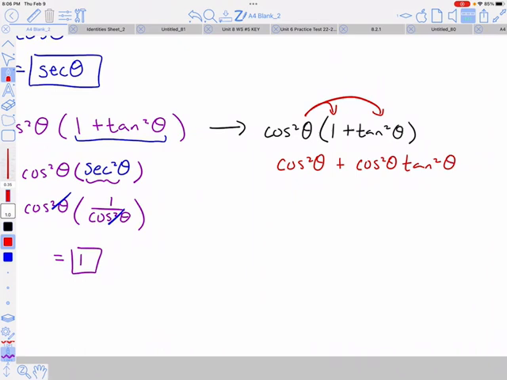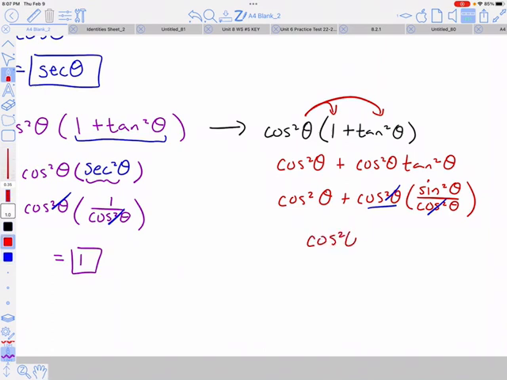So maybe now I see tangent squared, and I know that I can replace that with sine over cosine. In this case, sine over cosine squared. So that's the quotient identity. Okay, and now we have a cosine and a cosine that are going to cancel out, leaving just sine squared.